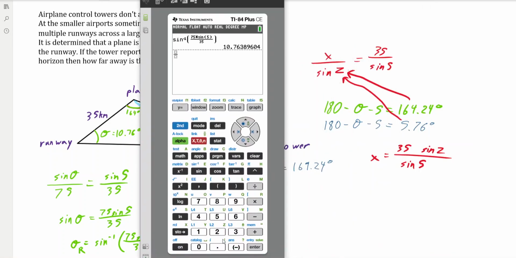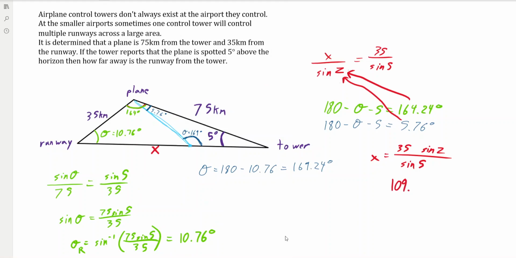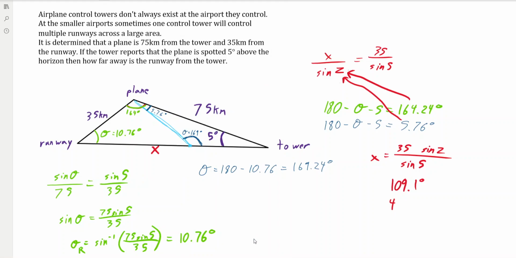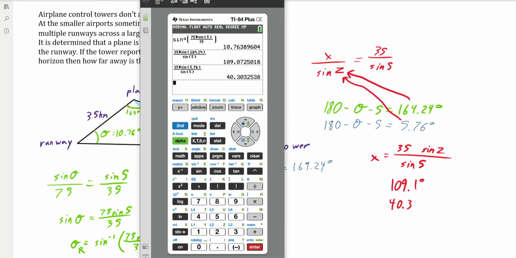So 35 times sine of 164.24 over sine of 5 gives 109.1. And the other option would be very similar, but with 5.76, and that would be 40.3.